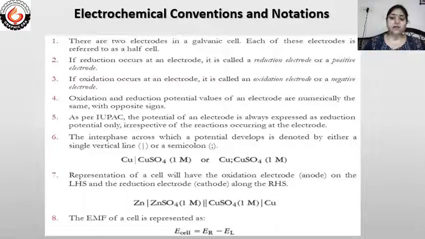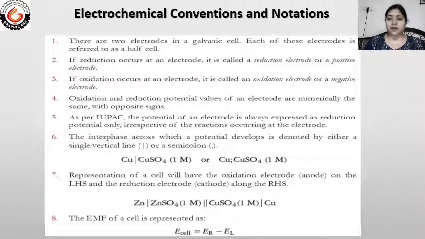How do we write the complete cell representation? Zinc line, zinc sulfate, then the concentration of zinc sulfate, then two lines showing the presence of a salt bridge. This is the interface between the zinc sulfate and copper sulfate solutions.